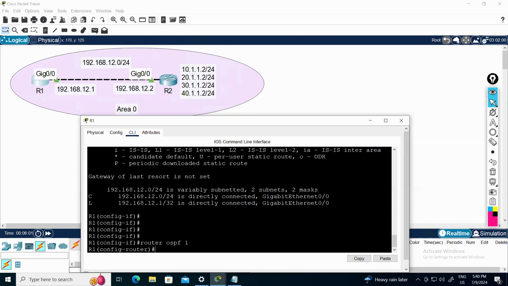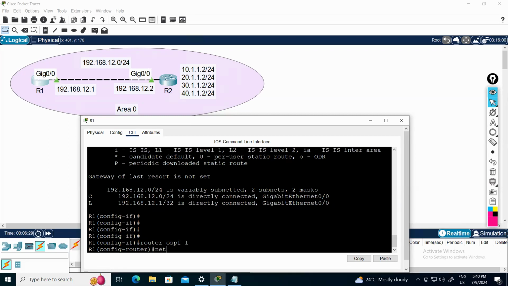So what will be the router ID on R1? 12.1 will become the router ID, because it is not manually configured and there is no loopback interface, so it automatically takes the physical interface IP. What about R2? We will not configure it manually, so it will become the highest loopback IP. What is the highest IP on the loopbacks? 41, so this will become the router ID. Okay.